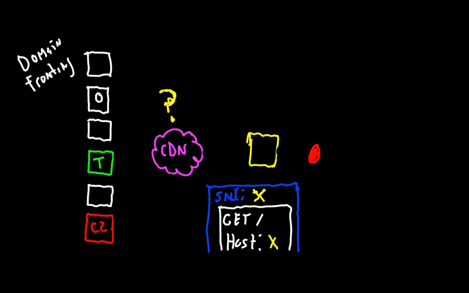So some CDNs do actually look at this value, and if it gets a request for a highly trustworthy and repeatable domain T, and it sees a host header of C2, it might actually notice the difference and take some sort of action such as normalizing the host header.